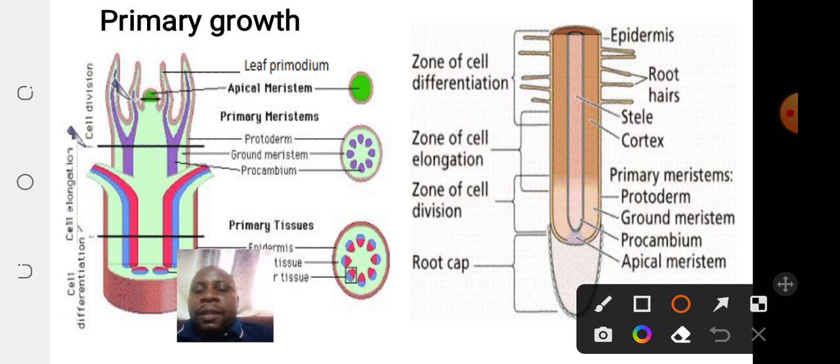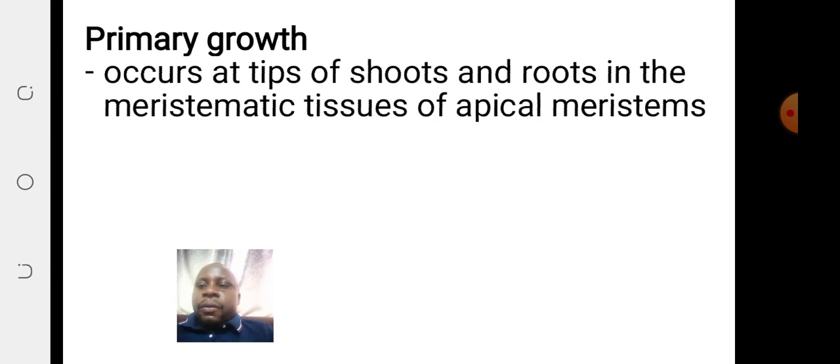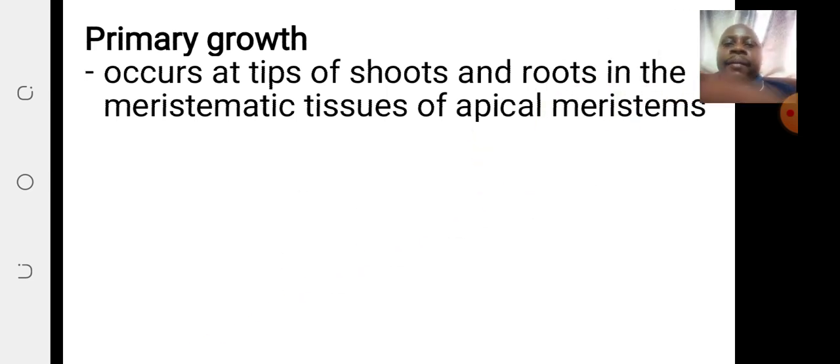Good. Now let us go to the literature so that we understand these zones well. We have said that primary growth occurs at the root tip and the shoot tip, and these areas are where we have the meristems.